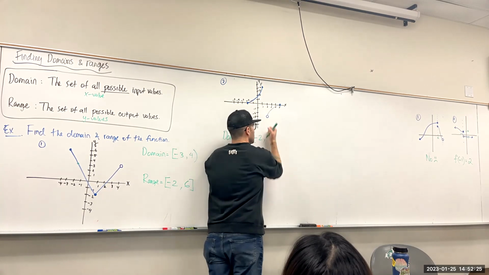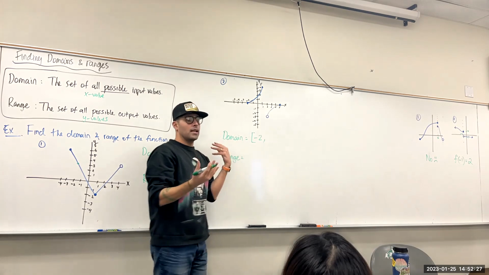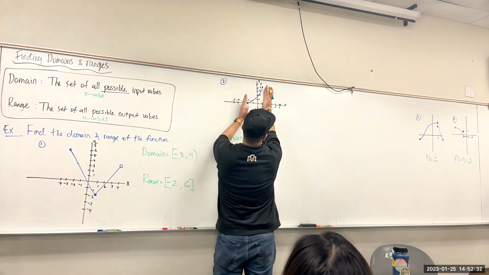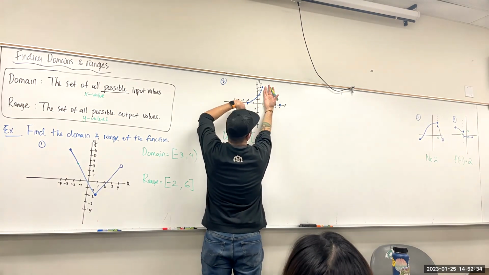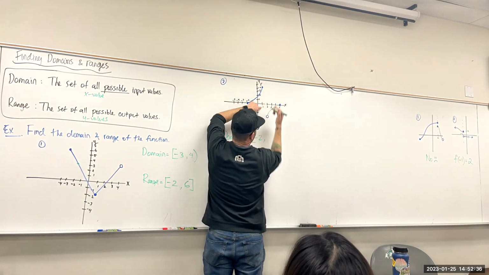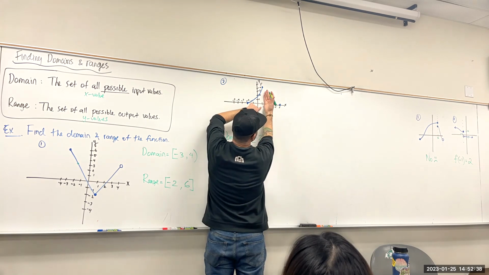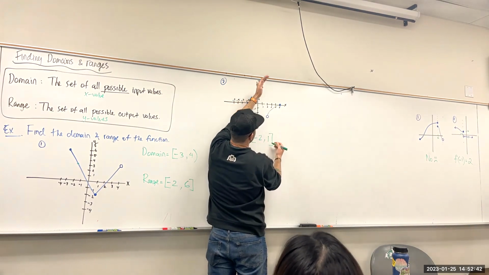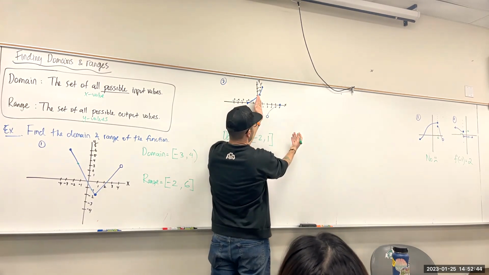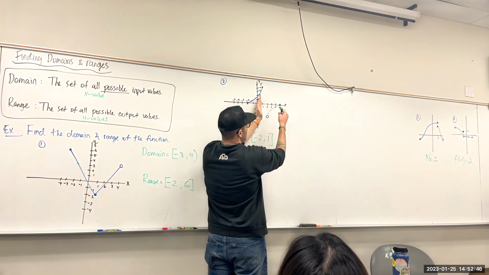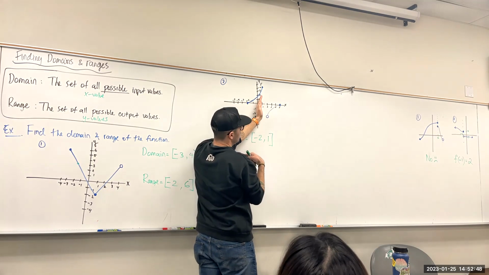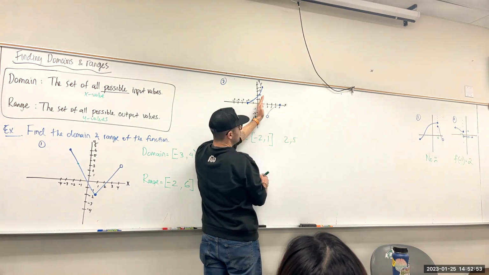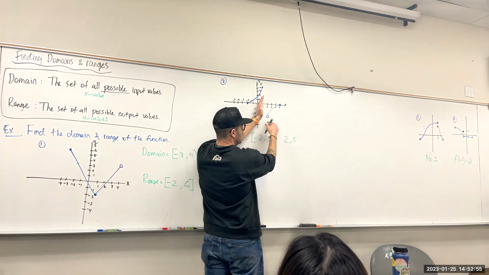So what you're going to have to do is split it into 2 intervals. You would say this part of the graph uses X values from -2 to 1. Is 1 included? Yes, because it's a closed dot. And then you have to make another interval to say this part of the graph uses X values between what and what? 2 and 5. Does it include the 2? No, that's why there's an open circle.